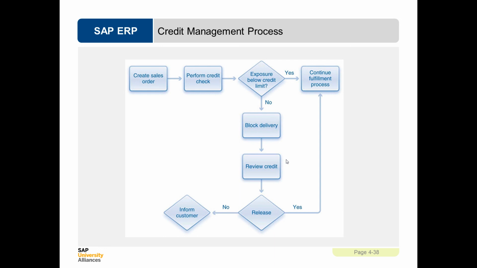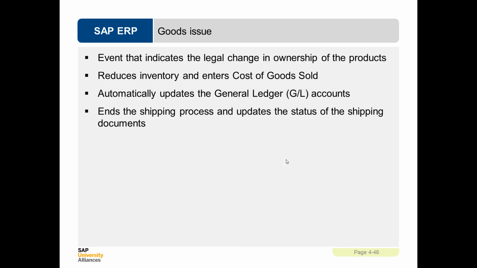Now, I want to talk about another transaction that I sort of skipped over earlier, but that has to do with something called goods issued. There are four sub-processes, I should say, that we're going to see throughout the various supply chain core processes of procurement, production, fulfillment.